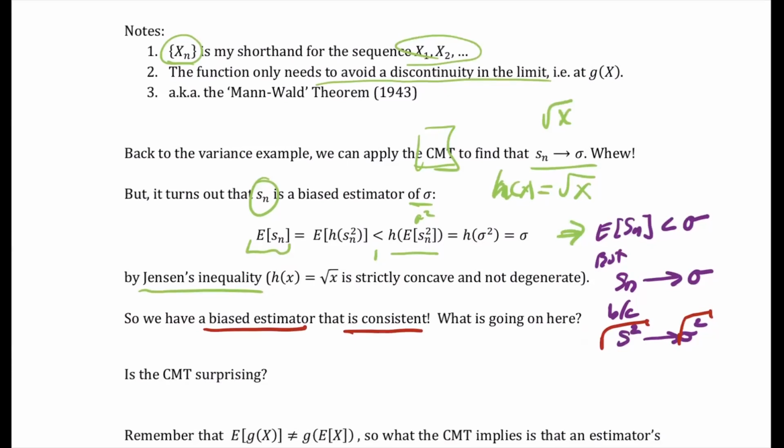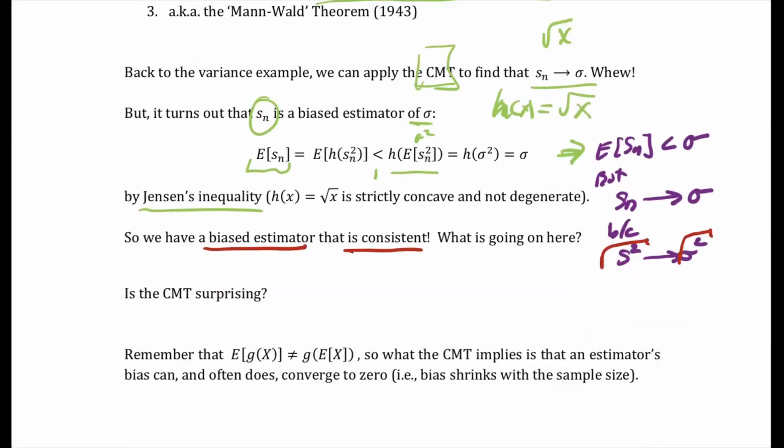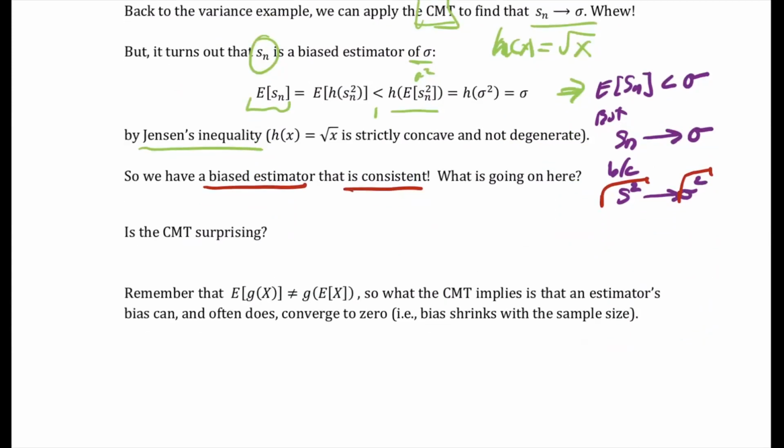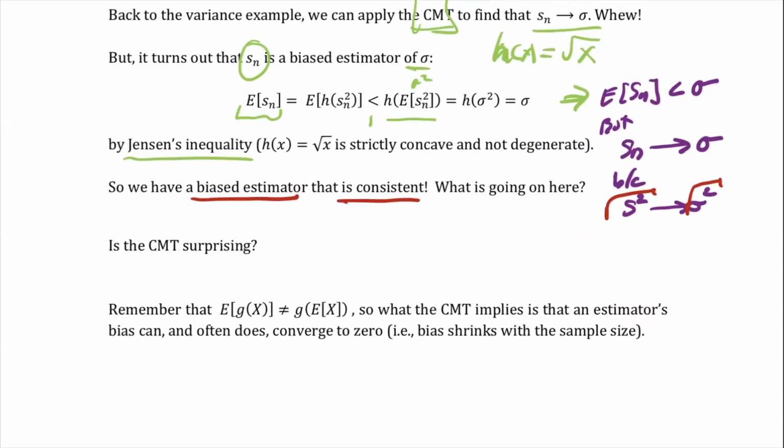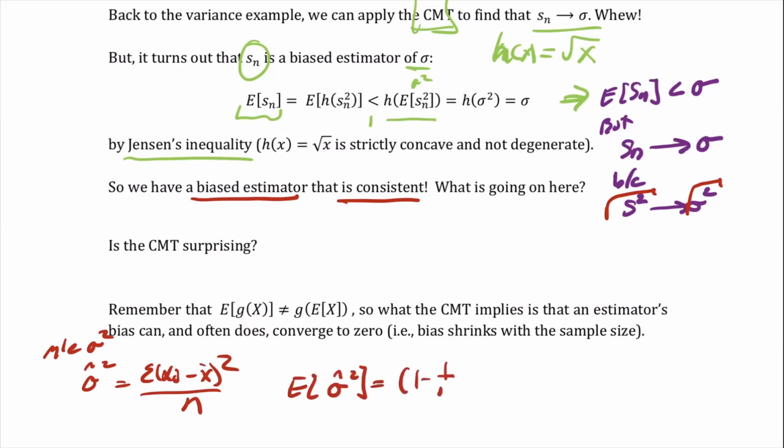So this turns out to happen a lot, and this is important. The way you can imagine this happening is that the bias that you're getting shrinks a little bit. If you remember, the maximum likelihood estimator for sigma squared in the normal model was this guy over n, and the expected value of sigma hat squared was (1 minus 1 over n) sigma squared.